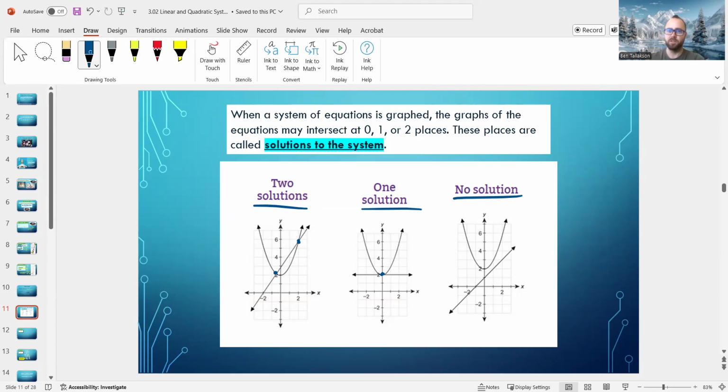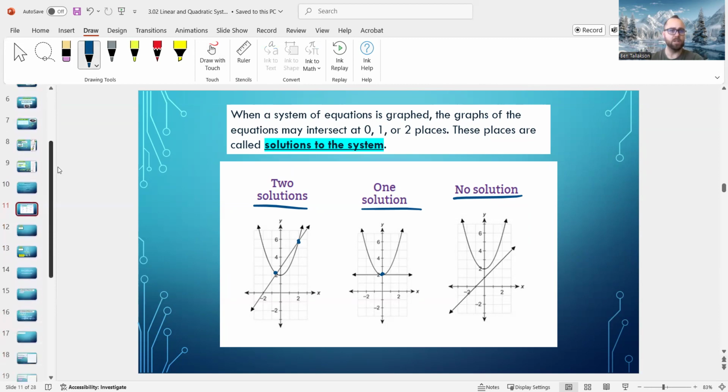And this would be an unrealistic business model because you never have more profit before you even start your company, which this would show. You have more money up there. But graphs are used to figure out all types of things in the real world. Okay, not just money, but I think that's one thing we can all relate to and get into a little bit. Okay, so you can have 0, 1, or 2 solutions. That's it. There's no other options.